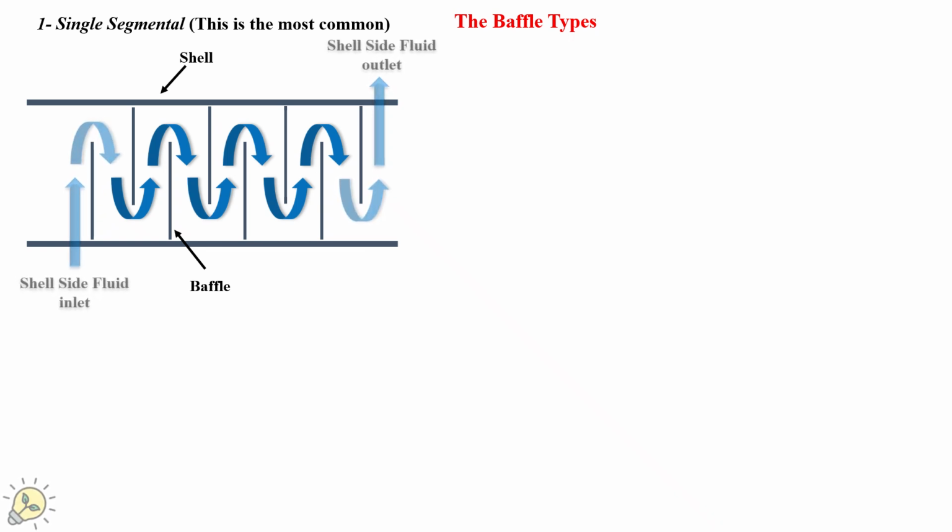And we can see in this animated diagram that the fluid on the shell side enters the shell from the left-hand side and passes crossing the distance of the heat exchanger through these baffles as shown, and that will make a perpendicular flow between the shell and the tube side.